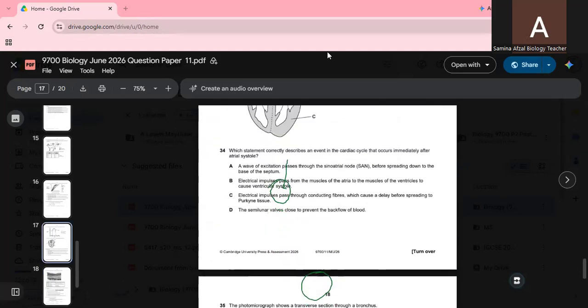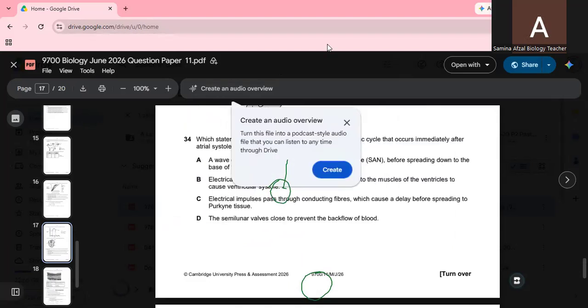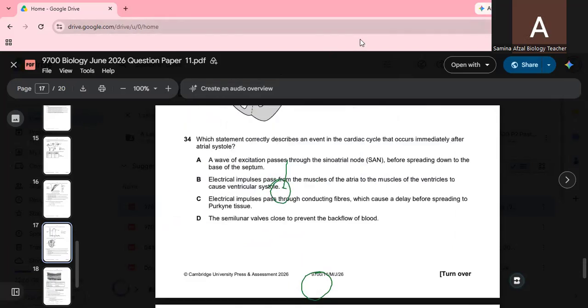Now, question number 34 is, which statement correctly describes an event in the cardiac cycle that occurs immediately after atrial systole?